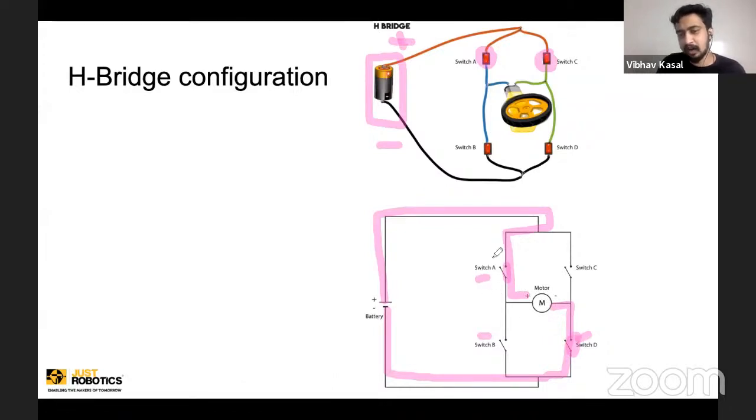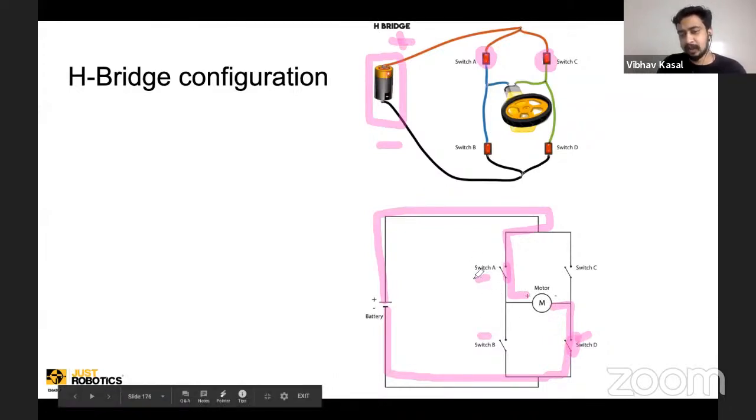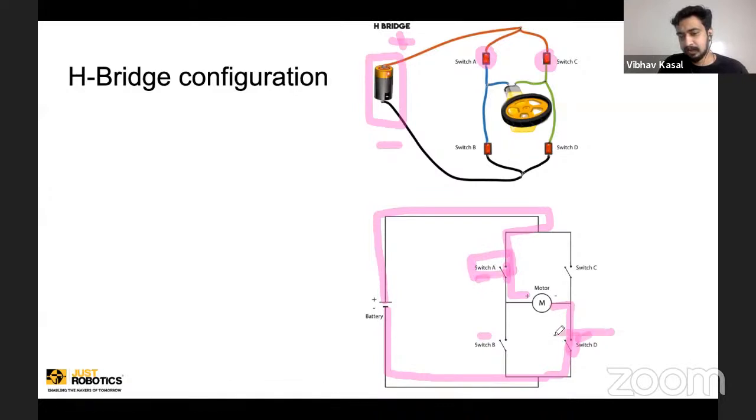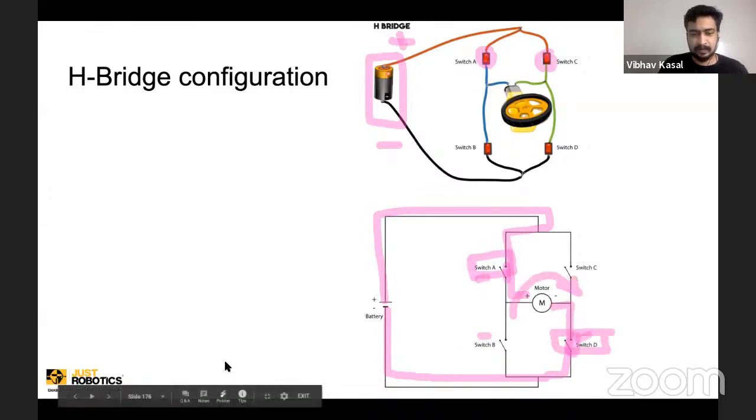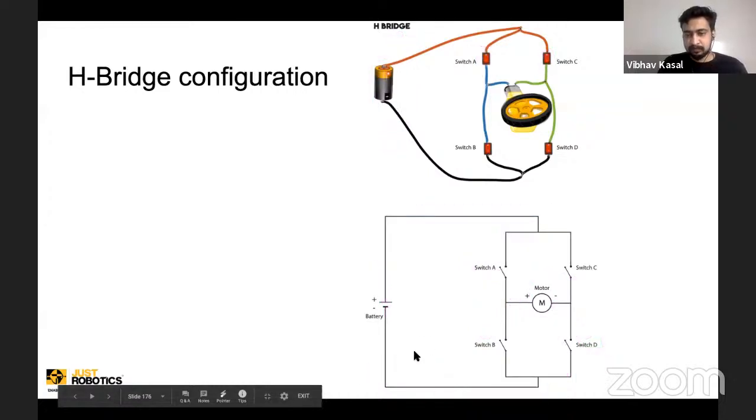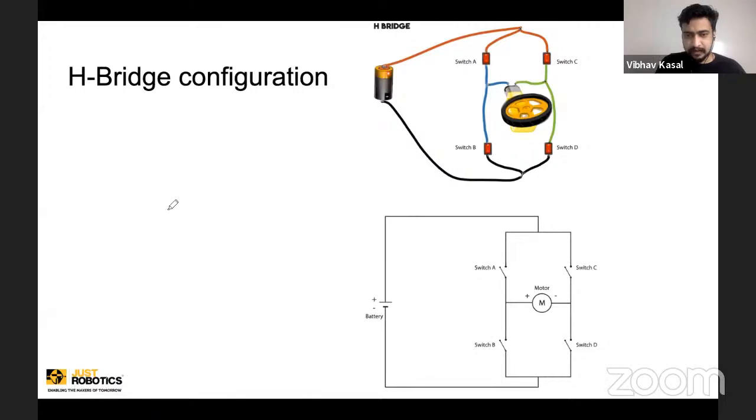When you turn on A and D, the motor rotates in one direction, clockwise.